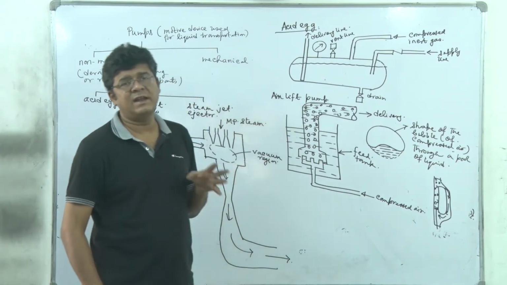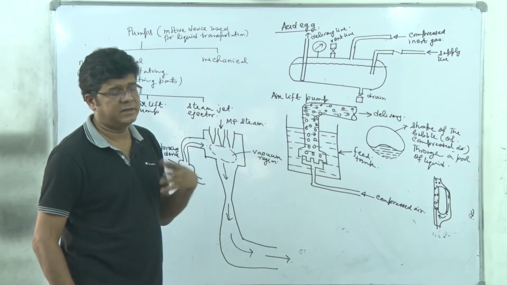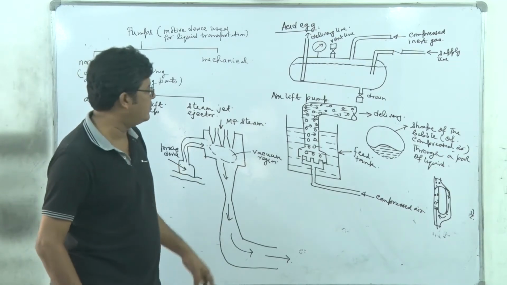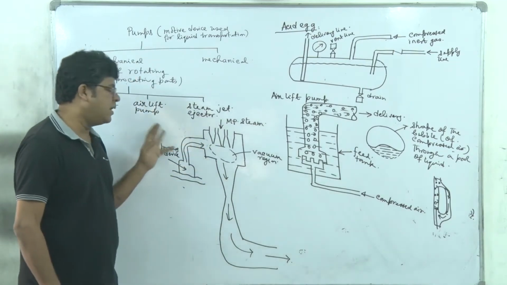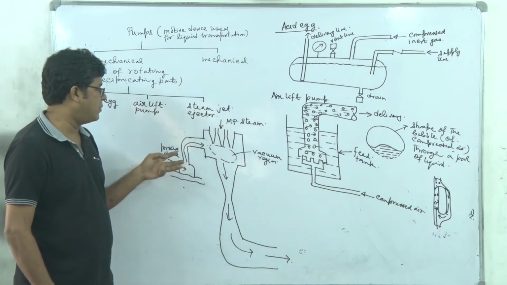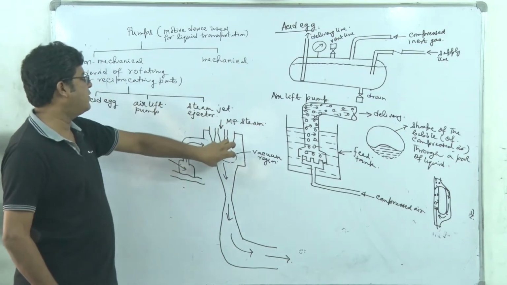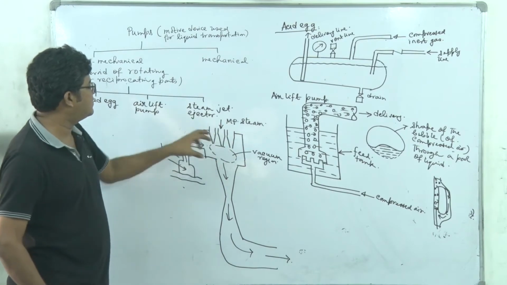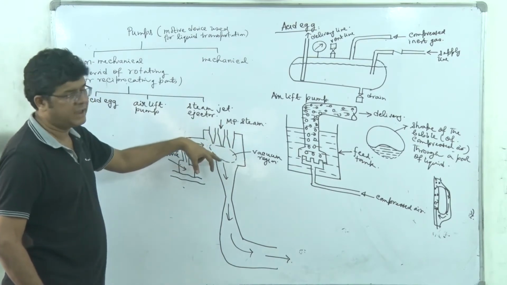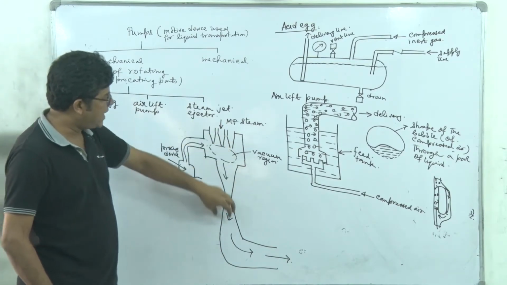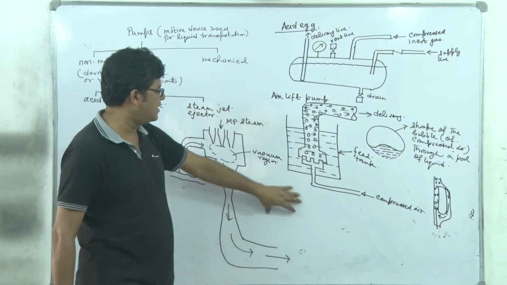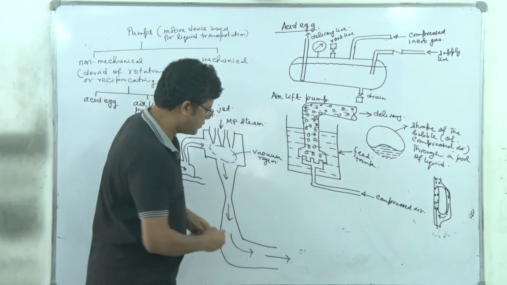We'll discuss the detail. I'm not going into the detailed design of this steam jet ejector, because here our perspective is pumping. So you see that whenever we create a vacuum, the material is being sucked in. So this is typically a pumping action, right? And the vacuum is to be sealed. So basically here we have a steam jet ejector.